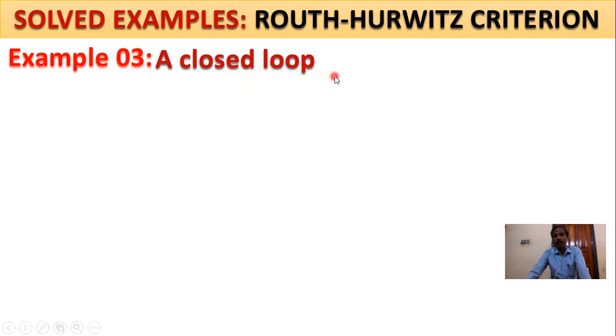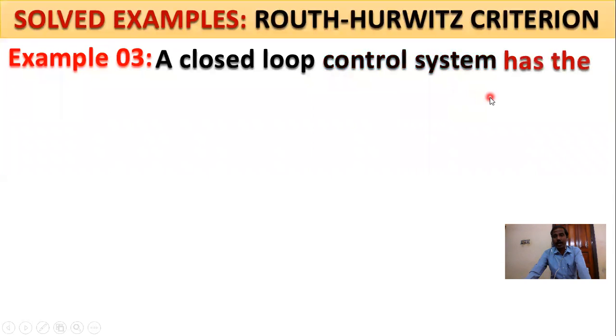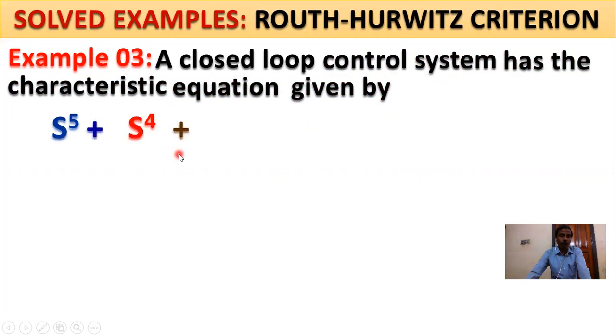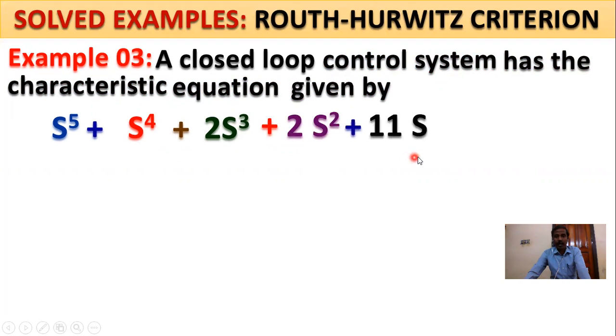A closed loop control system has the characteristic equation given by s to the power 5 plus s to the power 4 plus 2s cube plus 2s square plus 11s plus 10 equals 0.